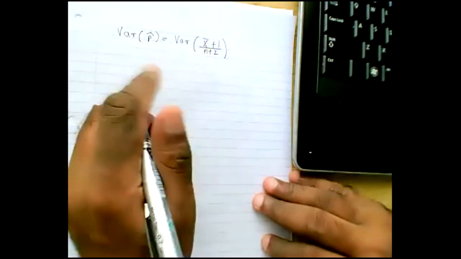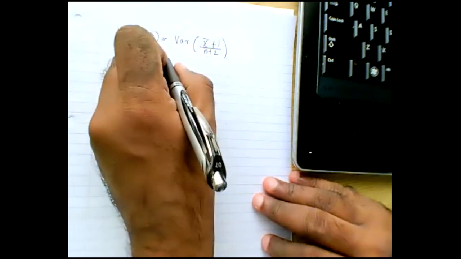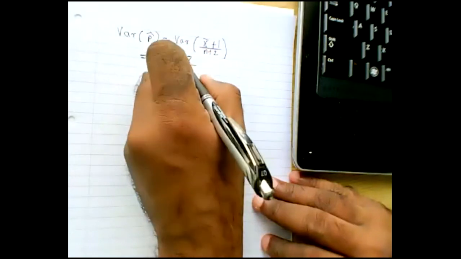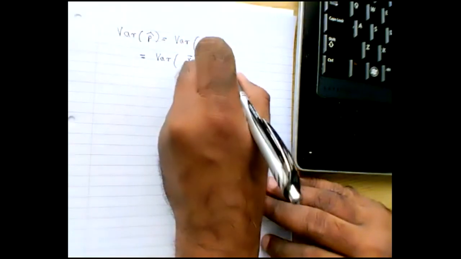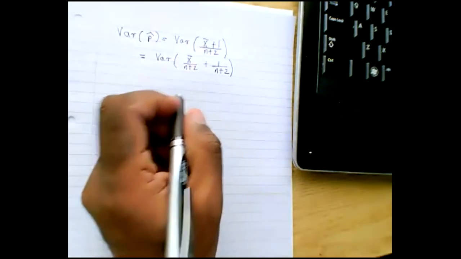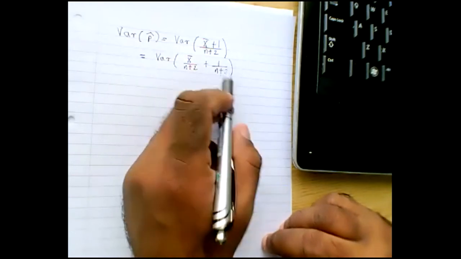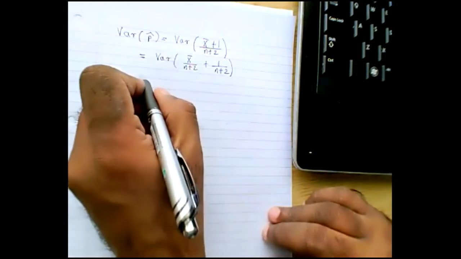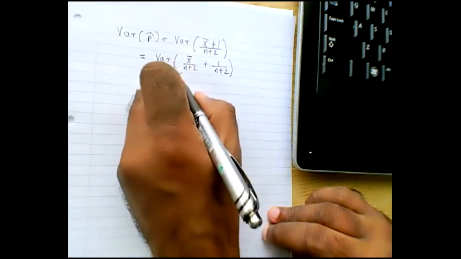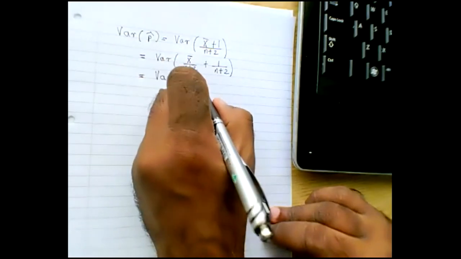So this will be the variance of x bar divided by n plus 2 plus the constant 1 divided by n plus 2. Now you may know from probability 1 that adding a constant or subtracting a constant does not change the variance. So this is the same as the variance of x bar divided by n plus 2.